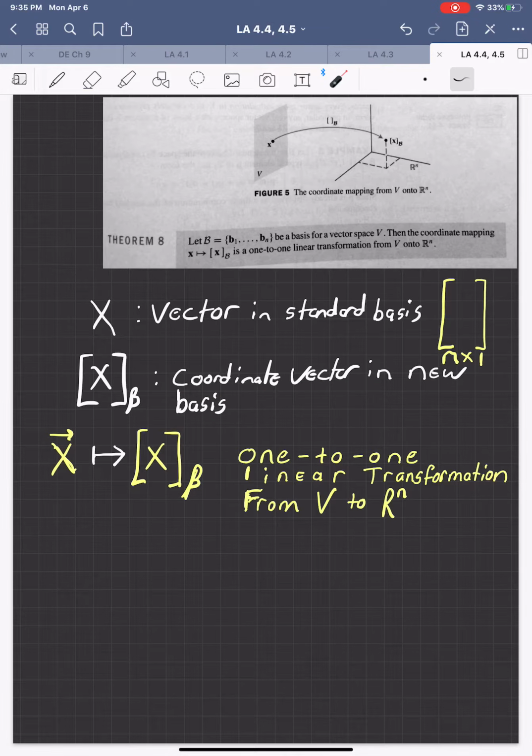Now, you can look up here at the picture where you start off with x, so let's just say some vector in your vector space. And you can see how a transformation takes place where we are moving from vector x to the coordinate vector of x, so from the standard basis to the new basis.